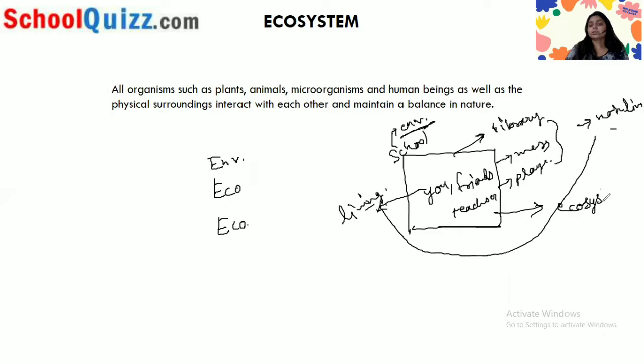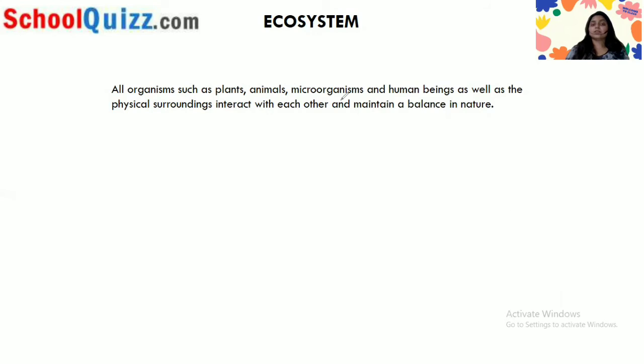And the study of the relations of the living organisms with themselves and with the environment is known as the ecology, okay? So I hope this is clear for you. And what is the ecosystem? All the living things and the non-living things interacting with each other to maintain a balance in nature is known as the ecosystem, okay?